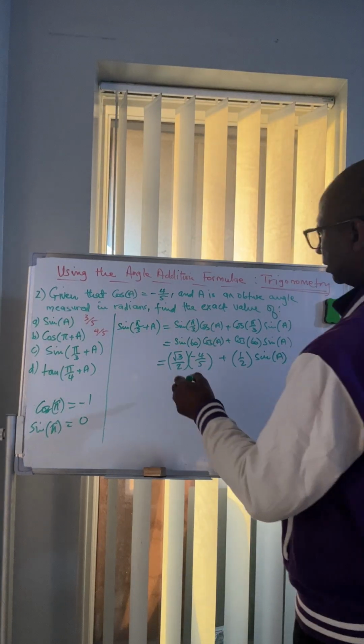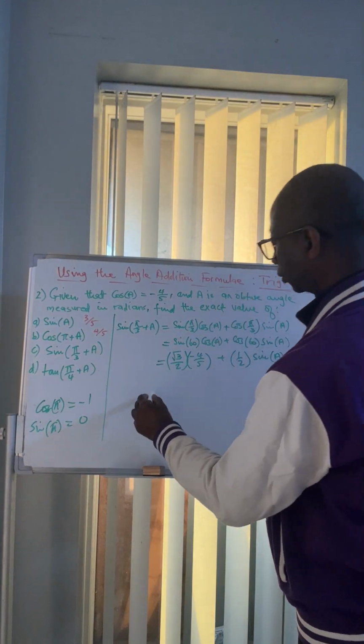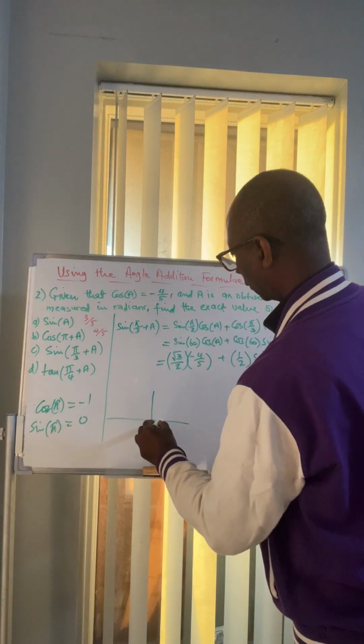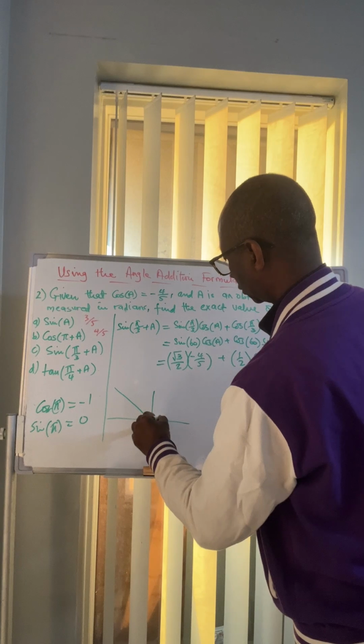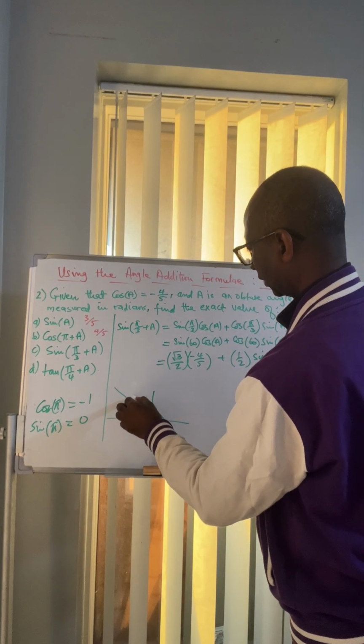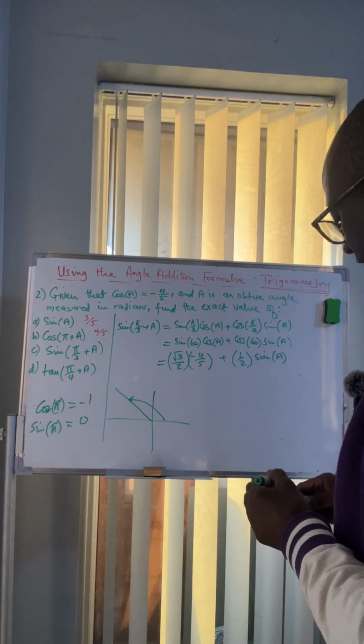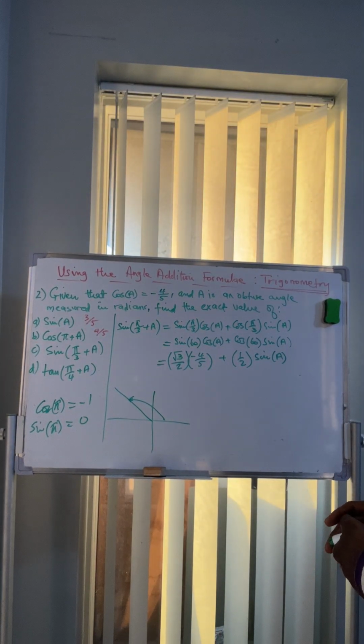So again, we are told here that it's obtuse. Obtuse means it should be somewhere here. This angle, less than 180 but greater than 90 degrees. Right?